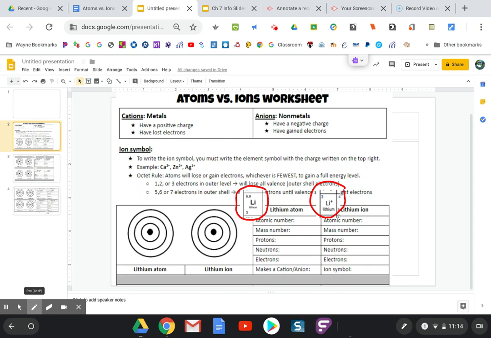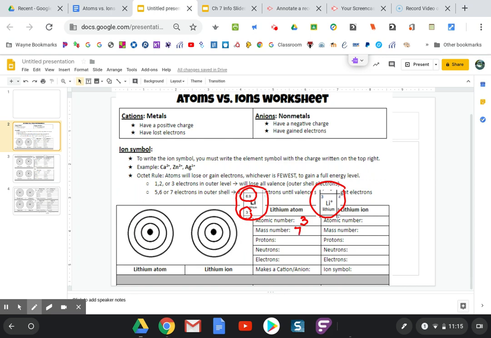The atomic number is listed right here, and it's the number that doesn't have a decimal, so it's a 3. The mass number is related to the atomic mass, which is this 6.9, and we're just going to round it to the nearest whole number, so we're going to use 7.